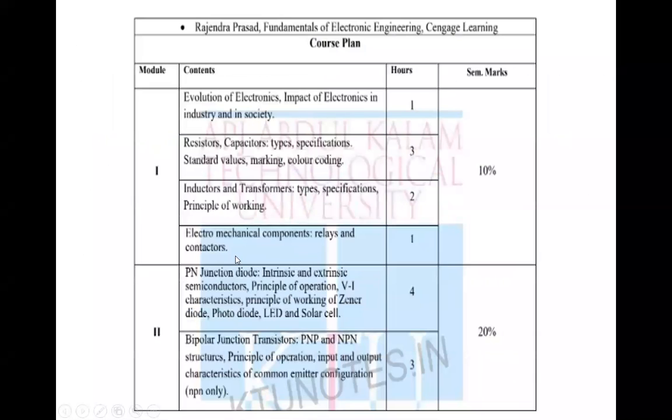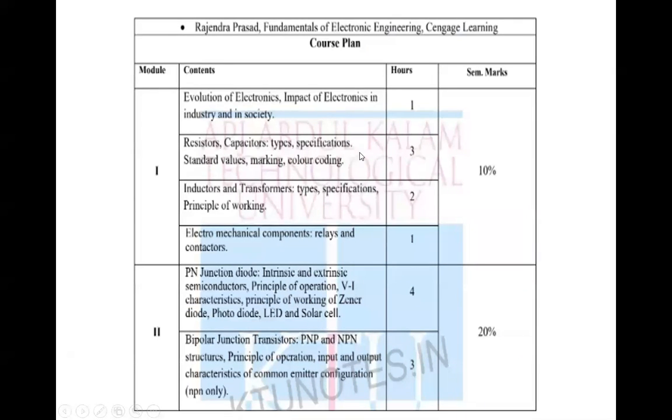Okay, now let us see what is there in the syllabus. So if we go to the syllabus, the first module you can see: evolution of electronics, impact of electronics in industry and in society, then resistors, capacitors, types, specifications, standard values, marking, color coding, inductors and transformers, types, specifications, principle of working, electromechanical components, relays and contactors.